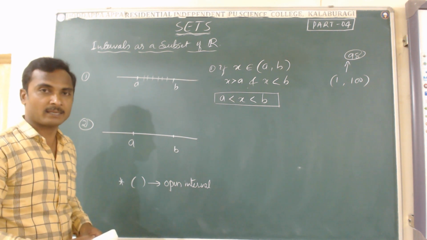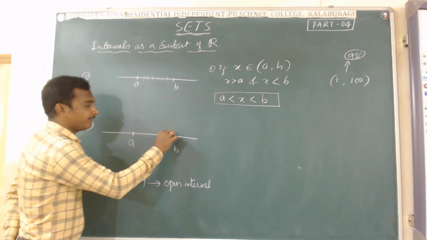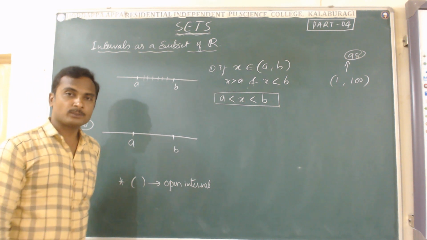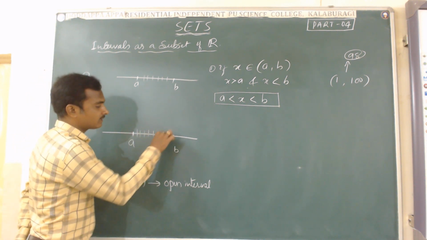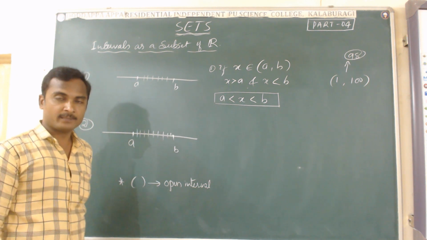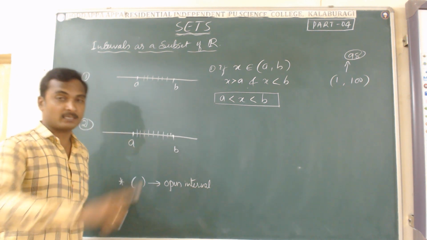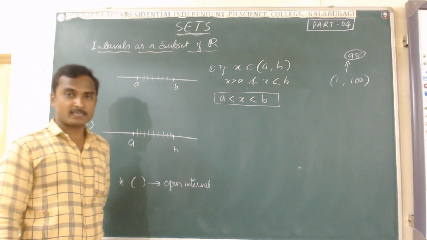Next example, same setup. If a and b are any two numbers, there exist many more numbers between a and b, and suppose x is one of them.